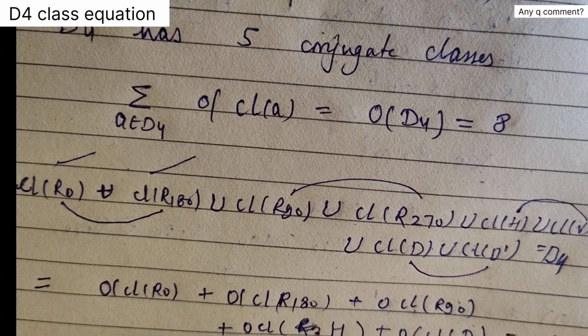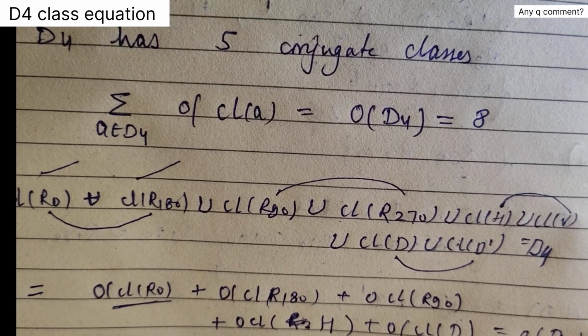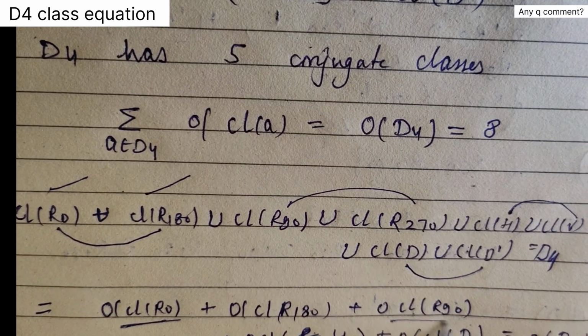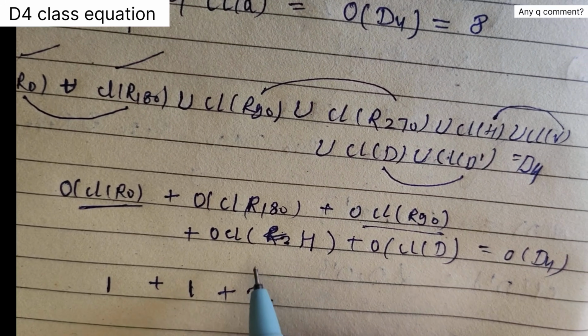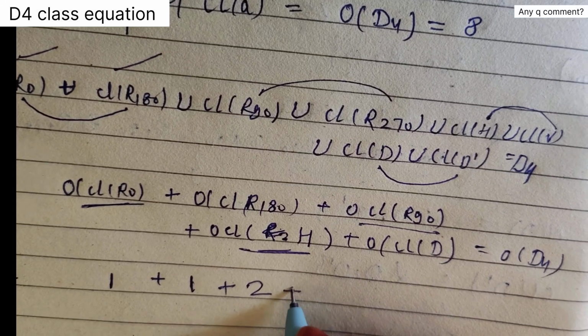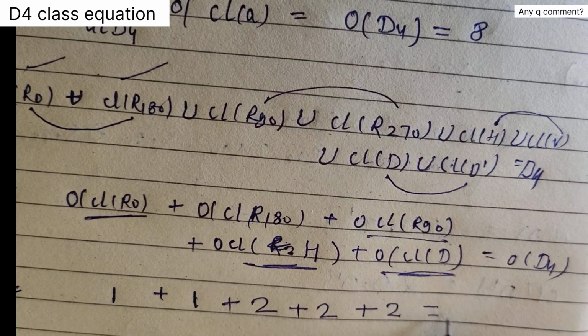R0 and R180 each have only one element. The class of R90 consists of 2 elements, the class of H consists of 2 elements, the class of D consists of 2 elements. That equals 8.